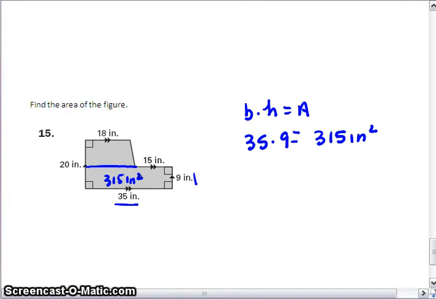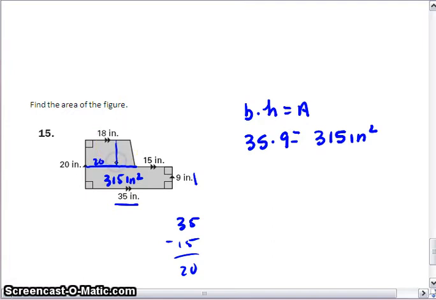Now, this one's a little more complicated because we need to know the height and we need to know this base. Well, we know that the entire distance across is 35 and this is 15. So if I take 35 minus 15, that means that this part is 20. Alright?